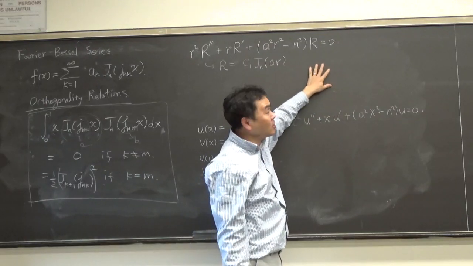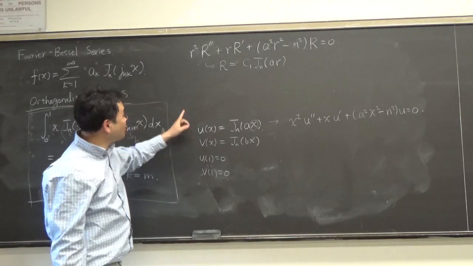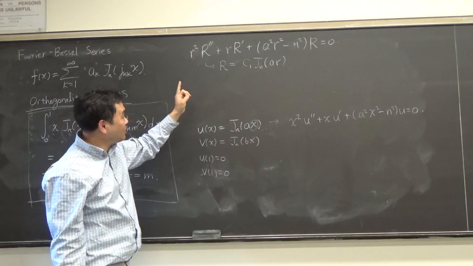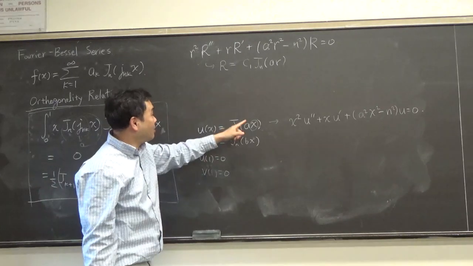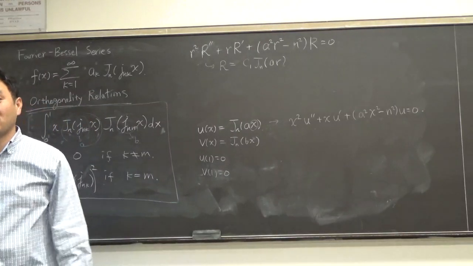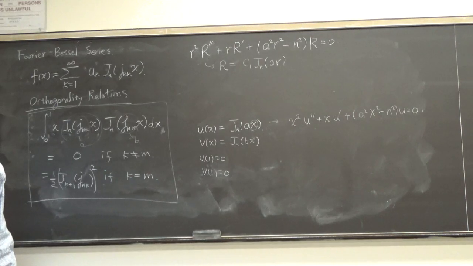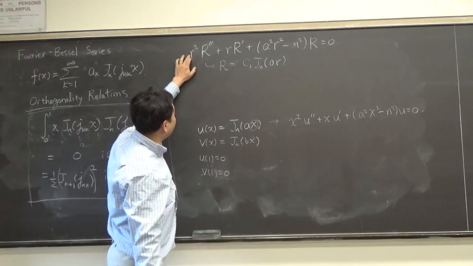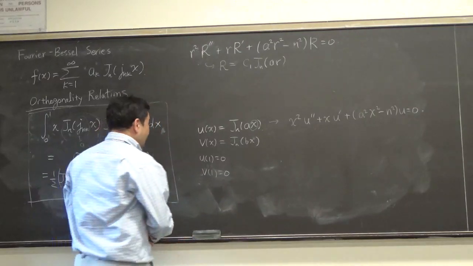But if we know that, then all I want to do is replace the capital R by U, with A and A the same, and small r by x. So that's the equation that it solves. Just take this result, replace small r by x, capital R by u. And then that's what we have.